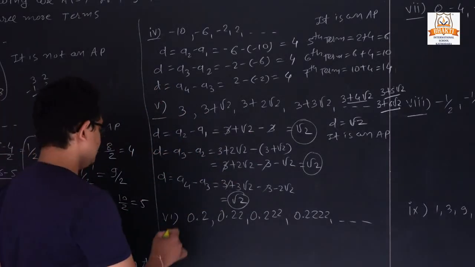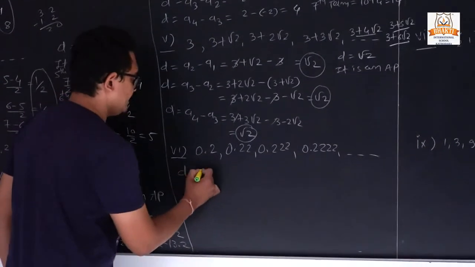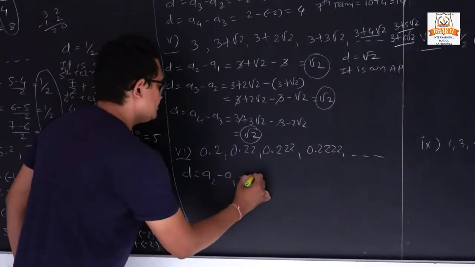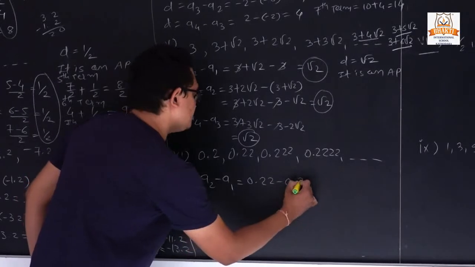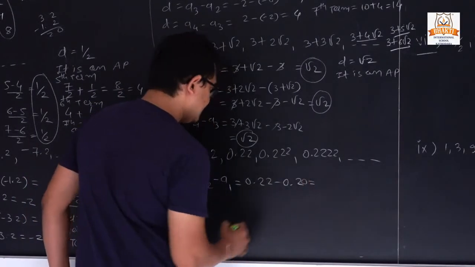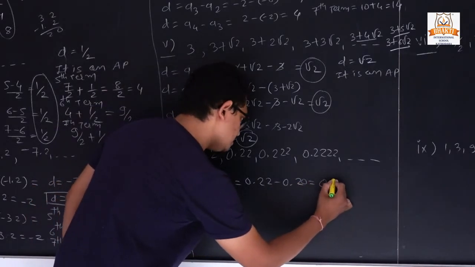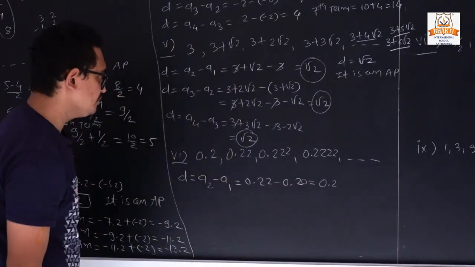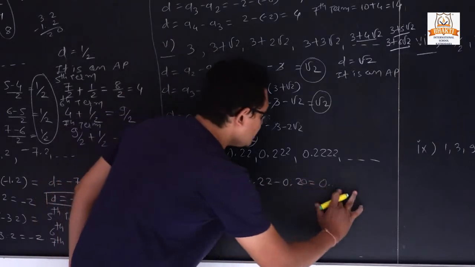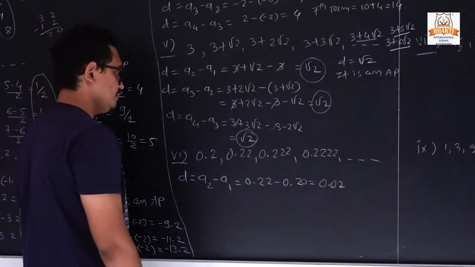Now the next, question 6. First of all we find the difference. So 0.22 minus 0.2, it is 0.02.